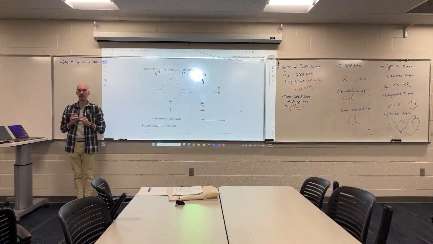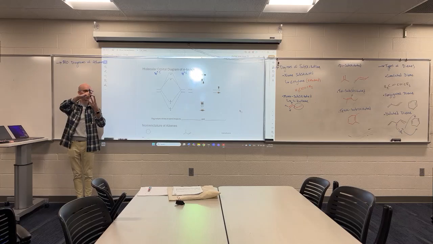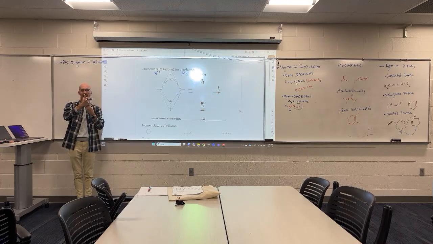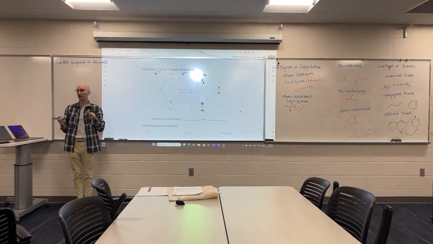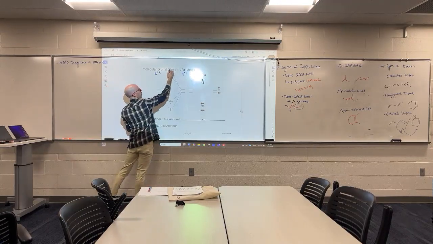How many sp2 orbitals on an sp2 carbon? 3. sp2, 3 orbitals needed to hybridize, 3 orbitals created. How many of those orbitals are actually used in the carbon-carbon double bond?